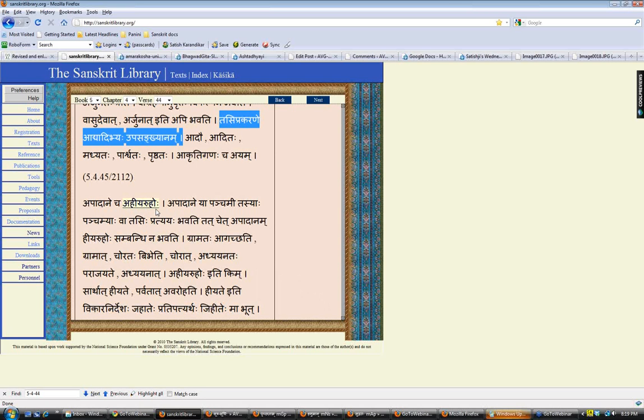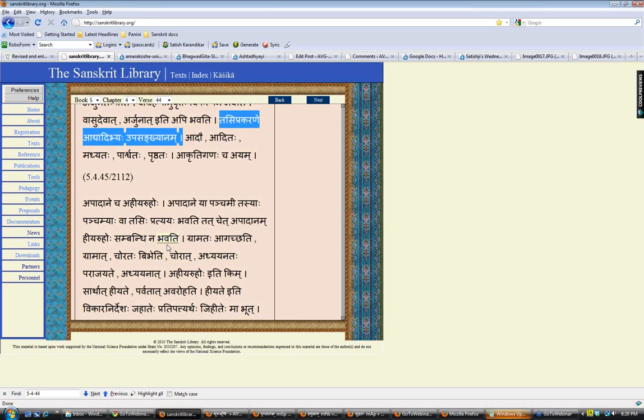But apadane cha: apadane ya panchami tasyaha panchamyaha va tasif pratyaya bhavati tachet apadanam hiya ruhoho sambandhi na bhavati. Now this is not limited to the kim sarvanama bahubhya. This is now for any pradipadikam. So now we could use asmad, yushmat and bring in the pratyaya tasi, to be exact, as long as it is apadane panchami.